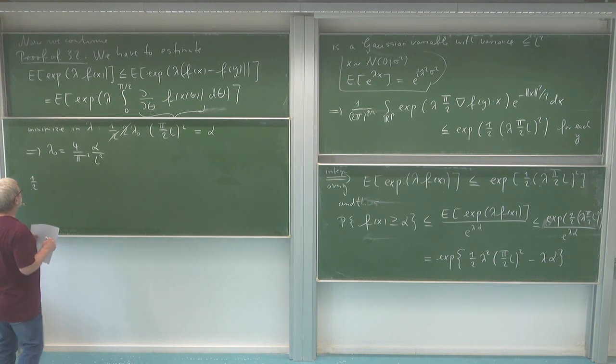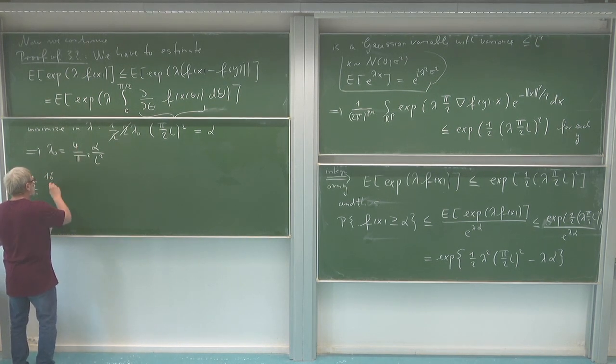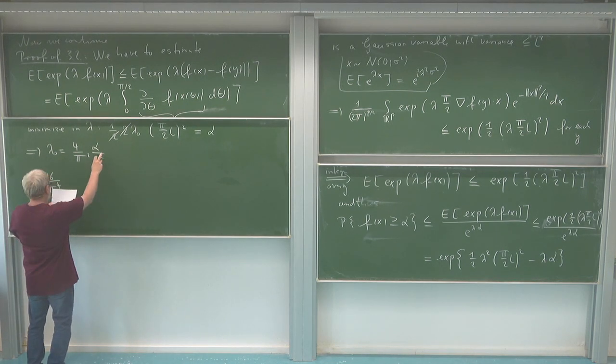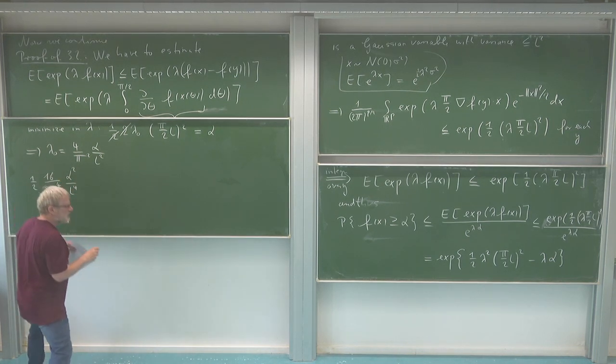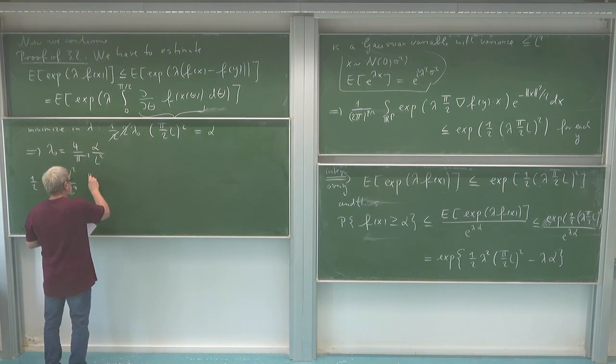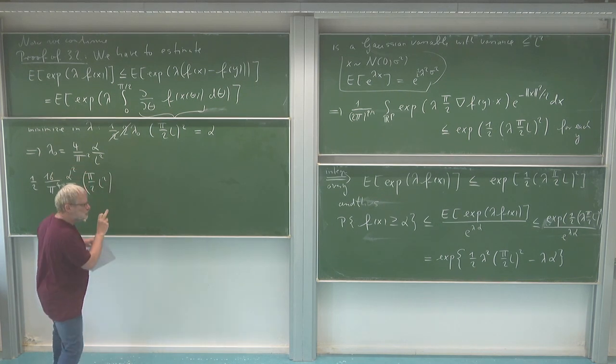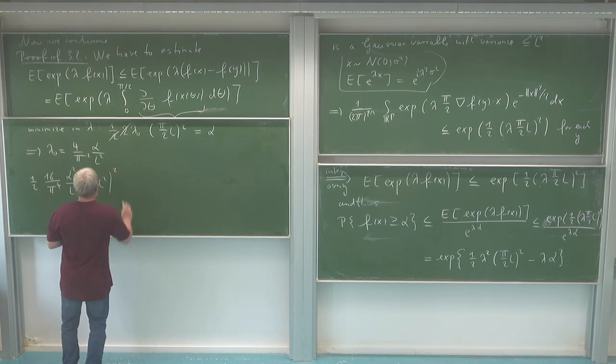So 1/2 lambda squared is now 16 over pi to the 4, the square of this. The square of this is alpha squared divided by L to the 4. That's lambda squared. And then we multiply it, of course, again with pi over 2L squared.